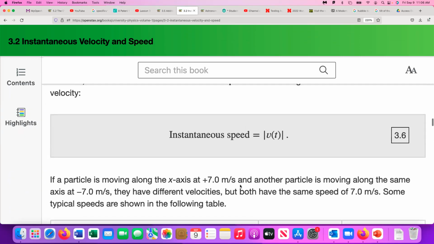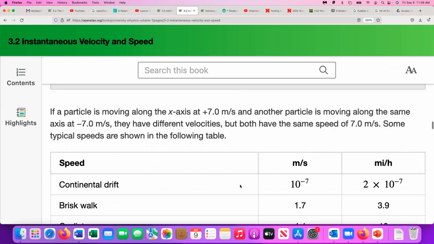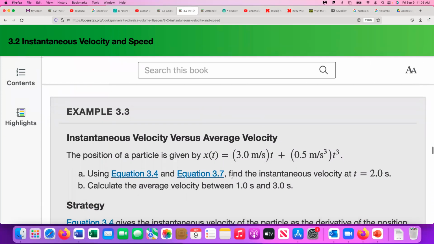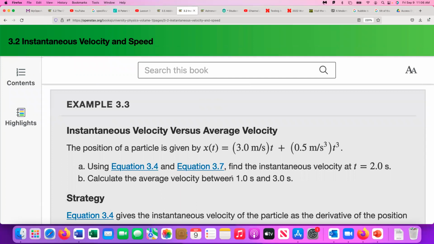That's actually just the calculation of a derivative of a polynomial.